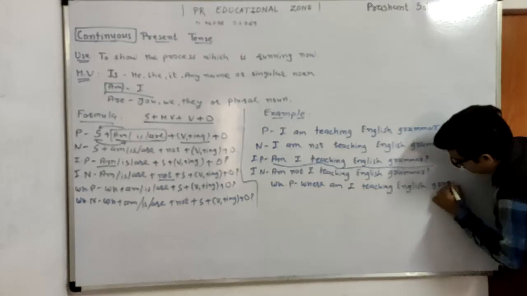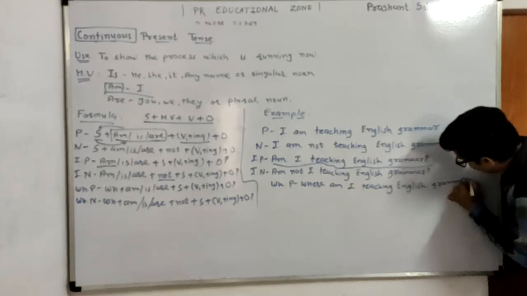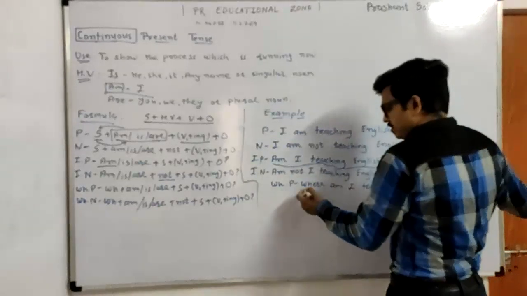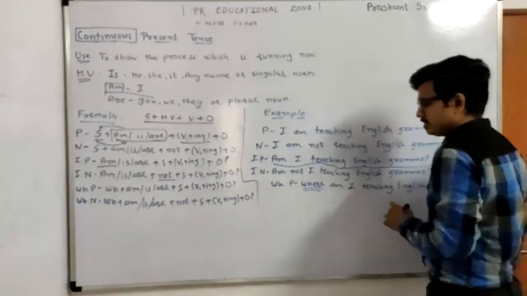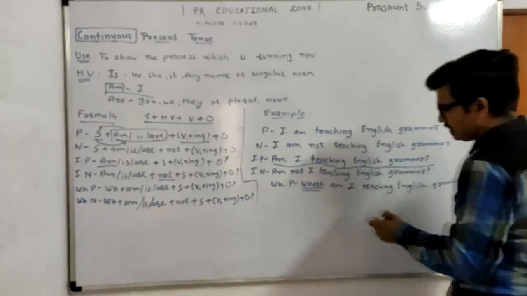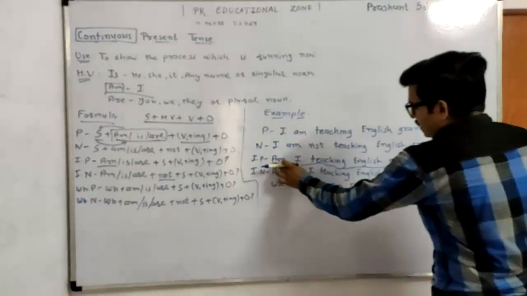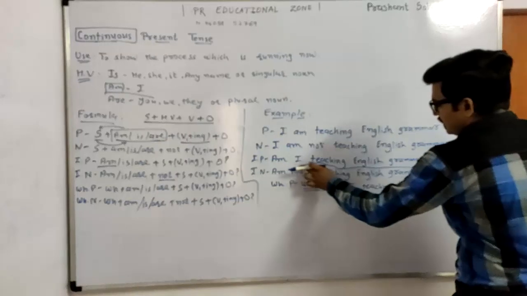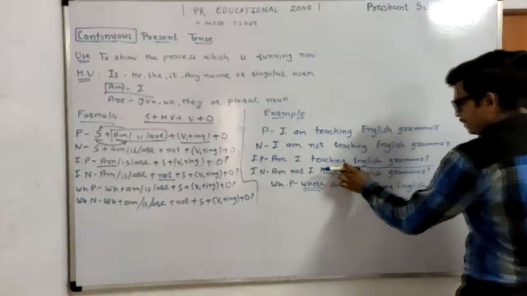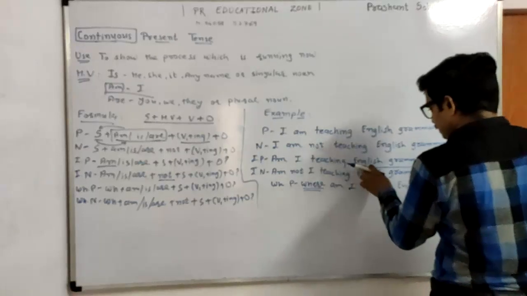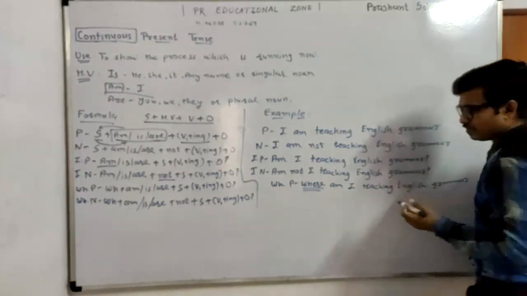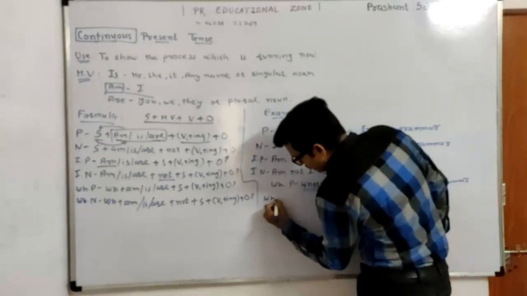So you can see that in the WH questions or the WH positive sentence, we will put only the WH word, and then we will put all the rest of the sentence like the interrogative positive, as it is.